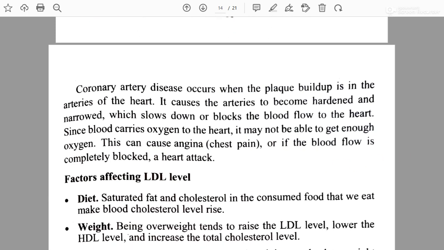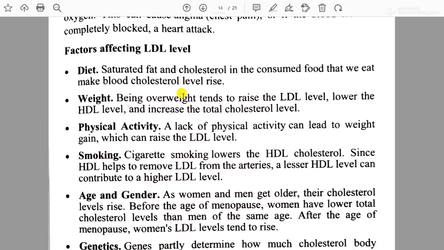So what are the factors affecting LDL level? First is diet. Saturated fat and cholesterol in the food that we eat make the blood cholesterol level rise. Therefore, our diet should include a major portion of unsaturated fats. The second factor is weight.